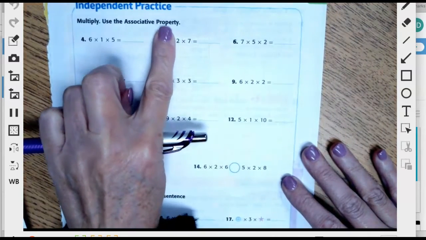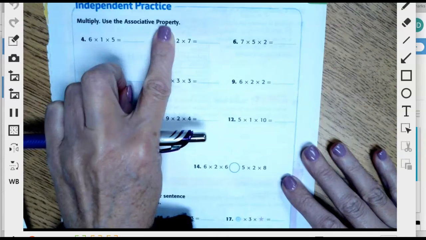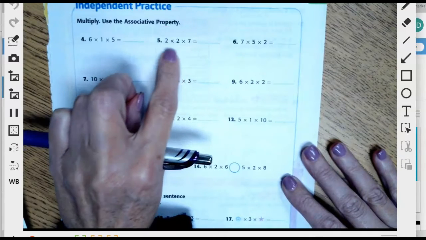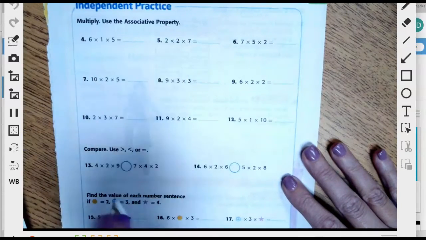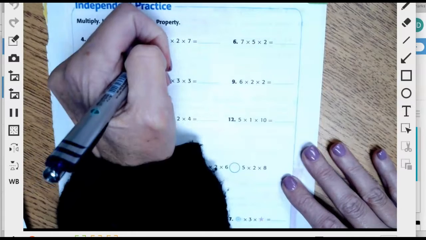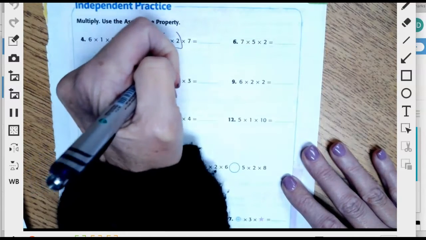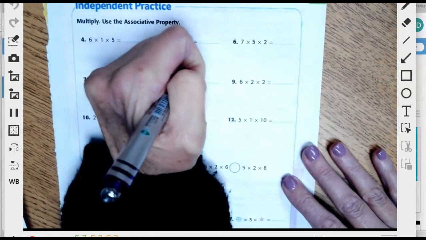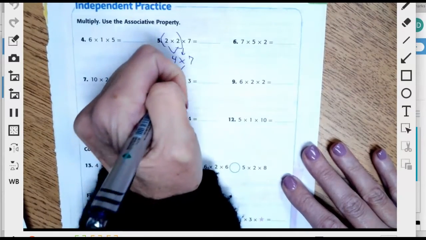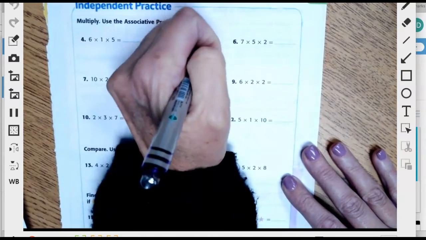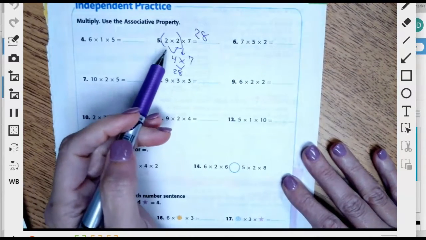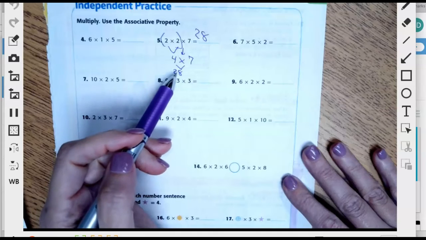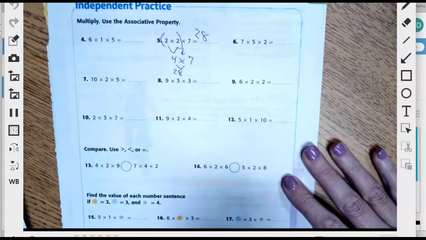I can group 2 times 2 first, which is 14. But then I'd have to take 14 times 2. It's not real easy. So what I would do is I would group this first. 2 times 2 is 4. Drop your times and your 7 sign. And 4 times 7 is 28. Now, this is showing me your work. And this is what I'm going to need to see you do on this page.